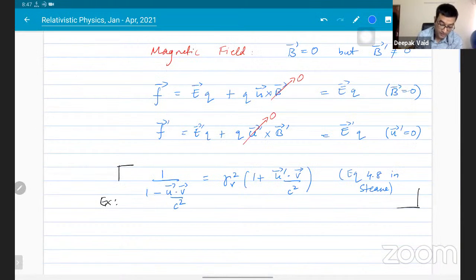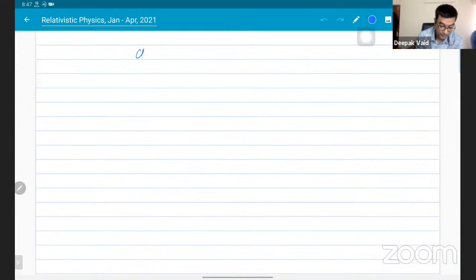Now, again, when we want to look at the magnetic field, we can once again choose u prime as we wish.